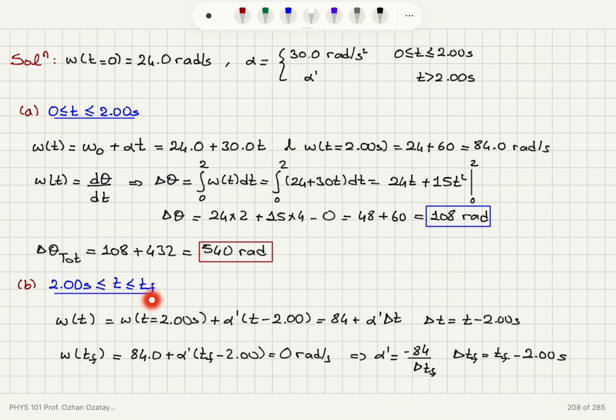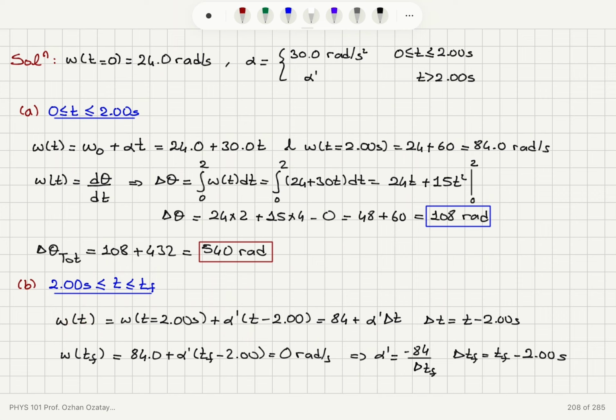Between t equals 2 seconds and t equals t final, we know that it has turned 432 radians. What is the angular velocity as a function of time? It is its value at t equals 2 seconds plus alpha prime (t minus 2). When we substitute t equals 2 here, we obtain 0.